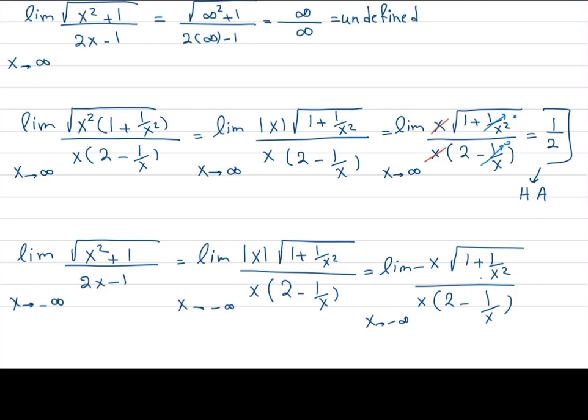And 1 over x squared, when x approaches infinity, is 0, 1 over x is also 0, and then when you cancel minus x and x, you're going to get a minus 1 on top, and then a 2 in the denominator. So the answer is going to be minus 1/2. So this is the second horizontal asymptote for this function.